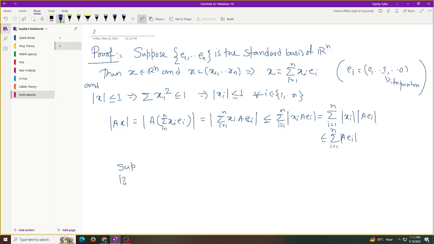So supremum of mod Ax with mod x at most 1. Now it is norm A.